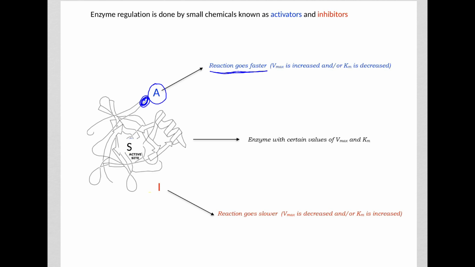And this can happen if the Vmax is increased and or the Km is decreased. An inhibitor, on the other hand, is a chemical that will bind to the enzyme and make the reaction go slower. And that can happen by decreasing the Vmax and or increasing the Km.